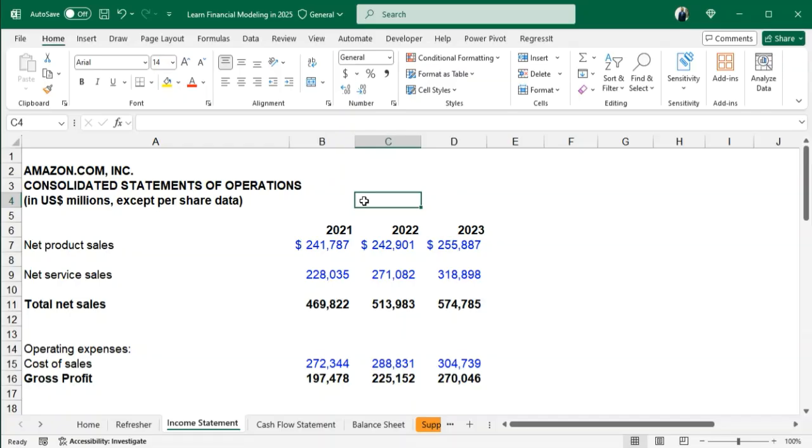In this video, we are continuing a discussion on financial modeling and valuation analysis, and we are specifically looking at Amazon.com as a case study. So in my previous video, we looked at the introduction, we extracted the Amazon financial statement into Excel, we also looked at our income statement.